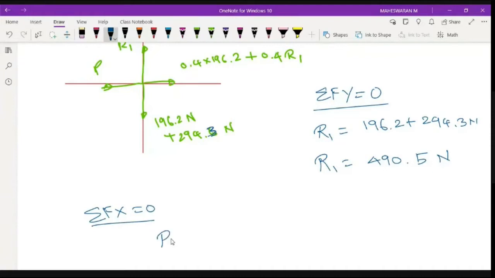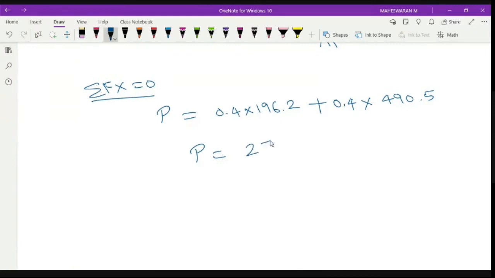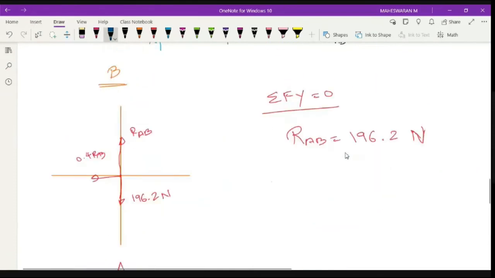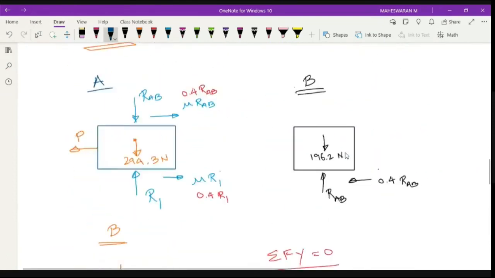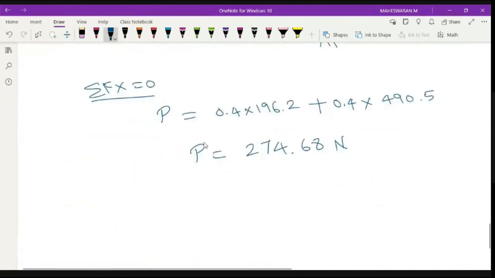Let me put left-hand side force equal to right-hand side force, which is 0.4 into 196.2 plus 0.4 into 490.5. So what is the value of P now? 274.68 Newton. So this is my minimum force required, right, to move your object.